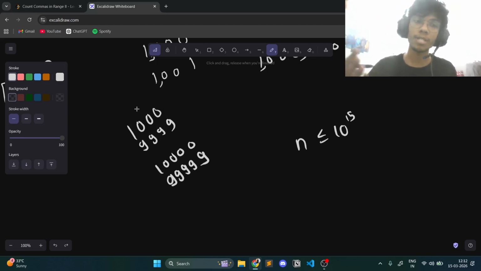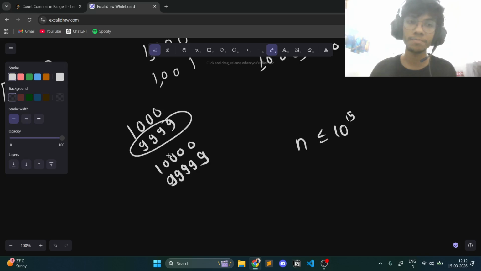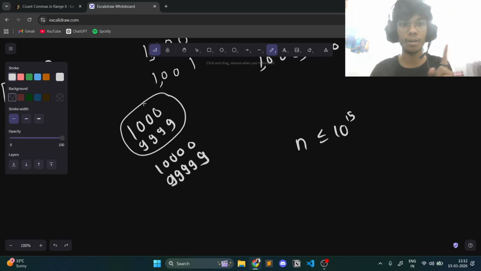Either in 1000 or 1001 or 2000, 3000, whatever the number is, all the way up to 9999, we can only place a single comma over this particular range. So essentially we can get the total number of elements in this range.